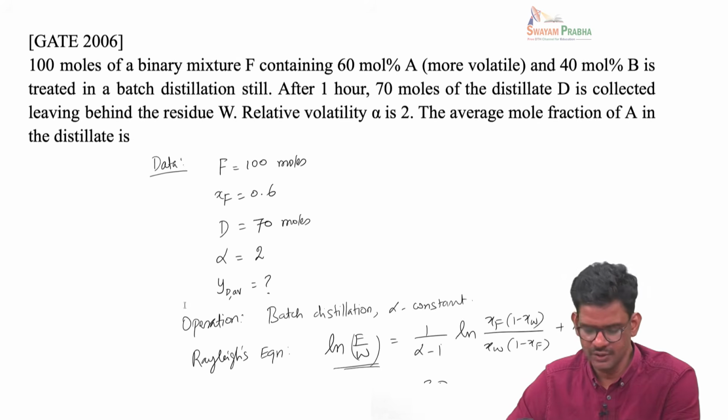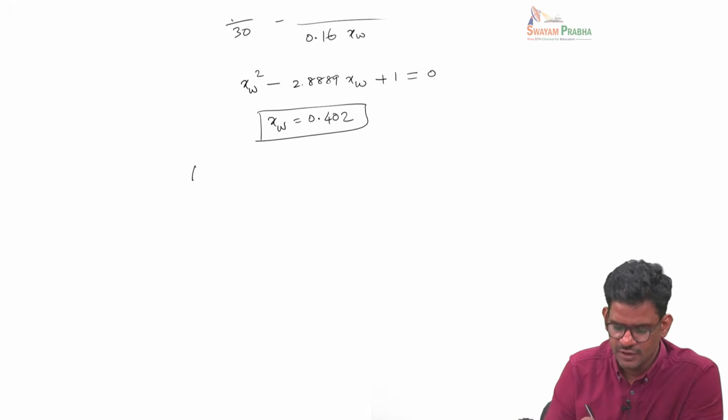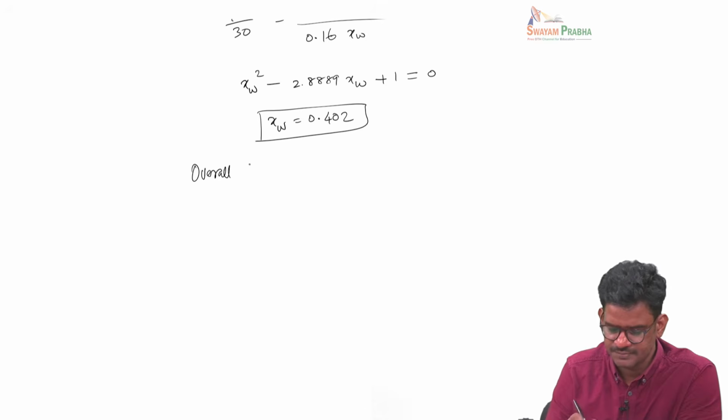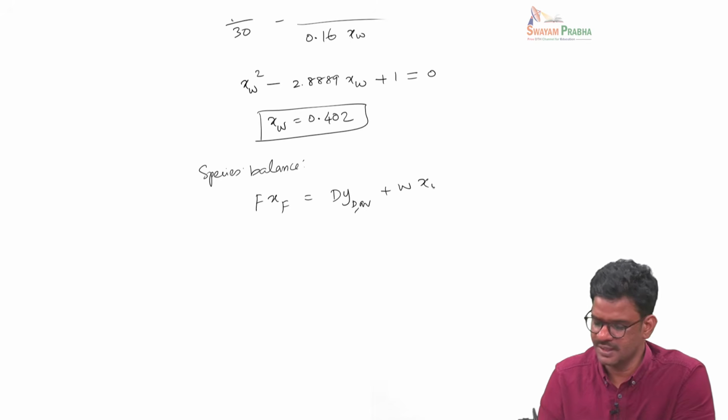The question that we need to ask is YD average. For this, we will do an overall material balance, an overall species balance. So F times XF should be equal to D times YD average plus W times XW.